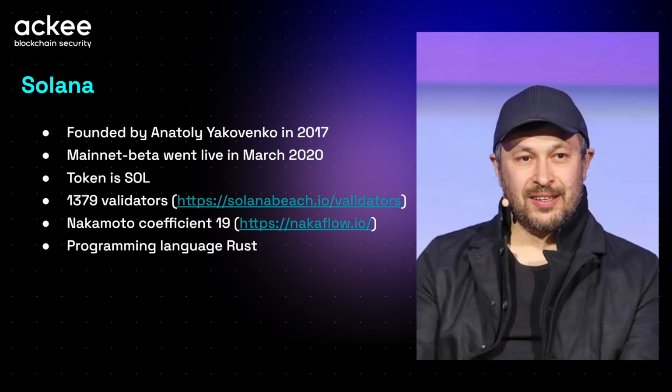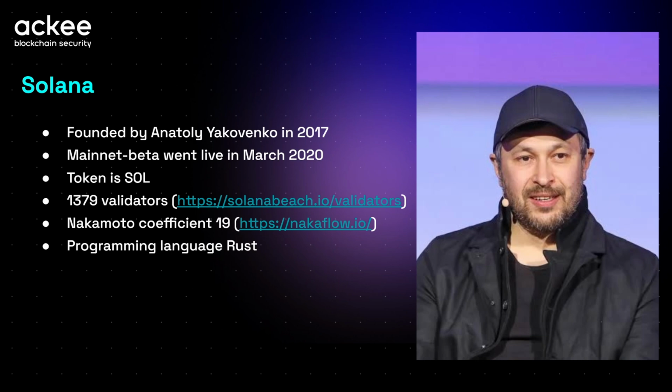You would need to take the 19 biggest validators on Solana by stake, and in order to halt the network, you would need to persuade these 19 validators to act collectively and, for example, stop working.